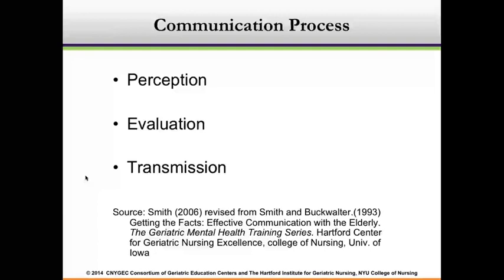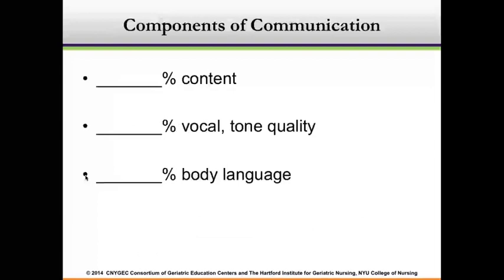And it's complicated by all kinds of barriers that get in the way, and we're going to talk about those barriers in a minute. But it's interesting that we know that there's content, we know that there's vocal and tone quality, and we know that there's body language when people communicate. And which one of those things do you think is the most important?